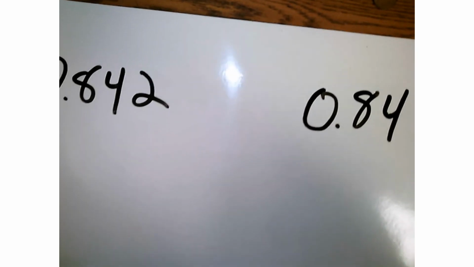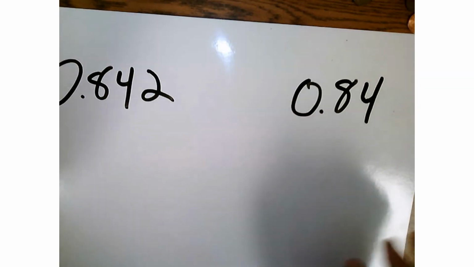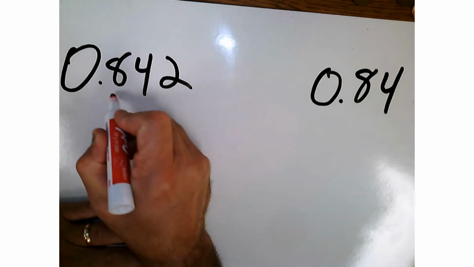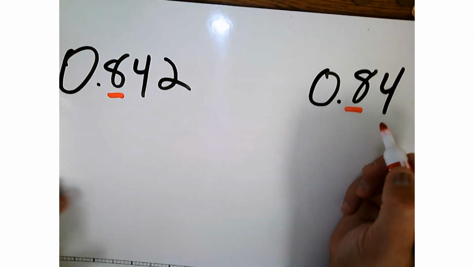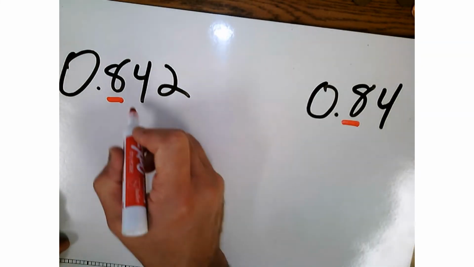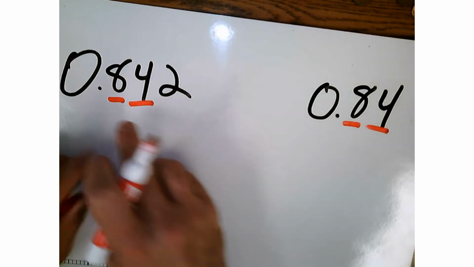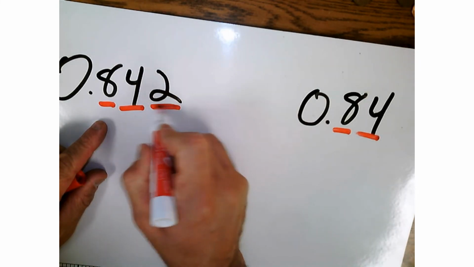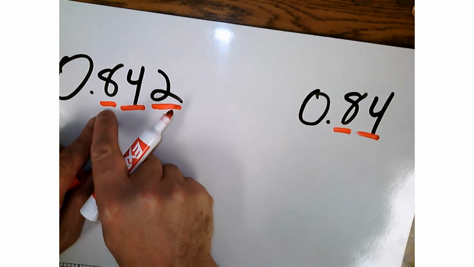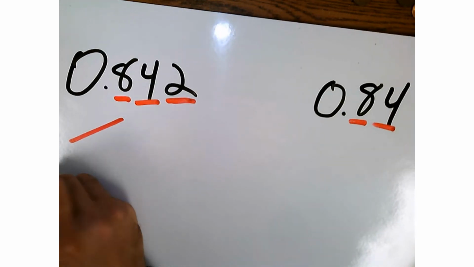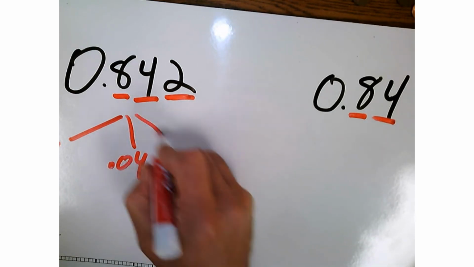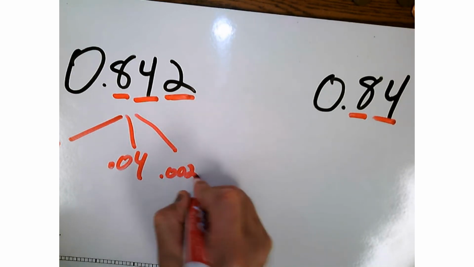Now you might also run into something like this that goes past money. So if you're thinking money, you'd be like, okay, well, I have 80 cents. Okay, so we're still equal. Right now I have 84 cents or 84 hundredths, so we're still equal. Now this isn't money, but I have 2 thousandths, so I have 8 tenths, I have 4 hundredths, and I have 2 thousandths.